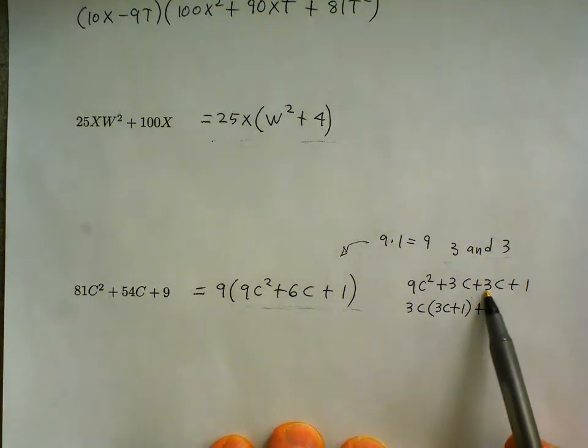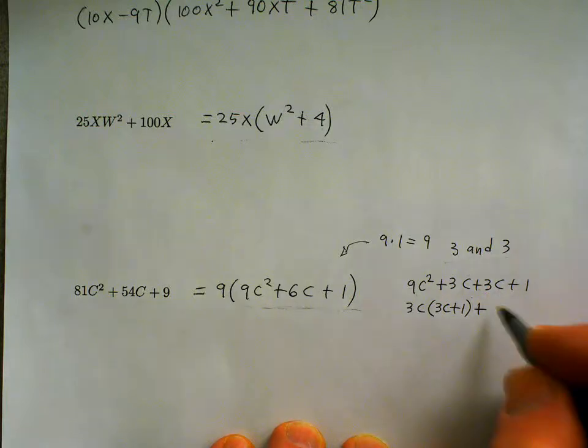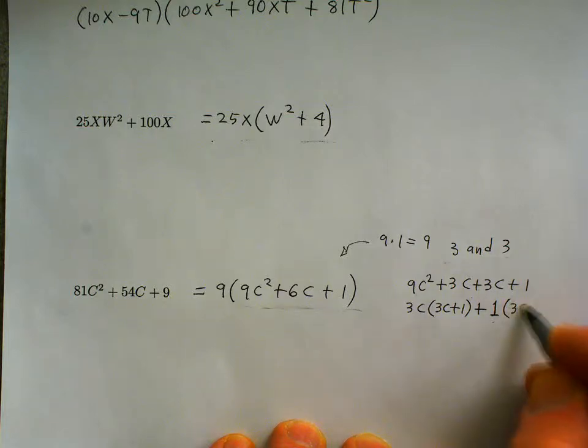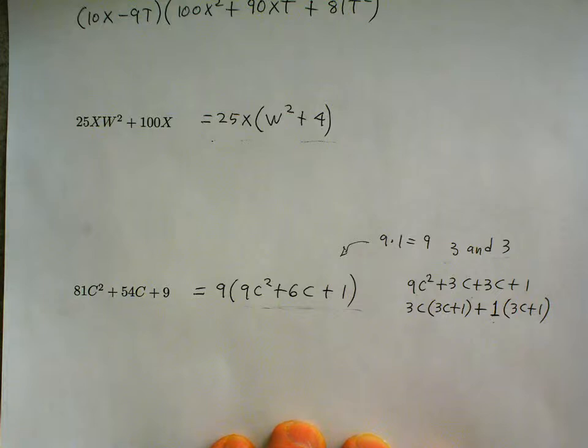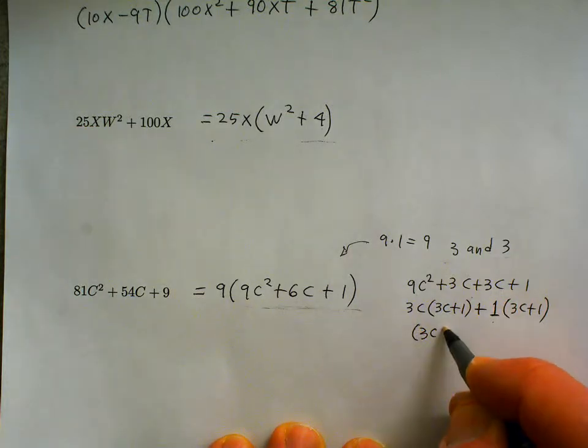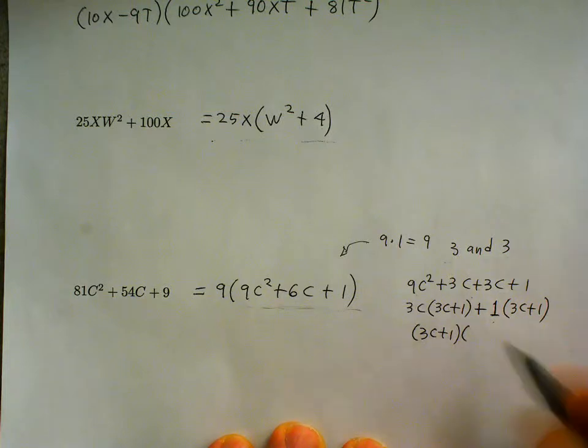The greatest common factor of the 3c and 1 is 1. So when you're factoring by grouping, make sure that you don't leave out the plus 1. So when you factor 1 out of 3c plus 1, we get 1 times 3c plus 1. And then when we complete this factorization, we get 3c plus 1 times 3c plus 1.